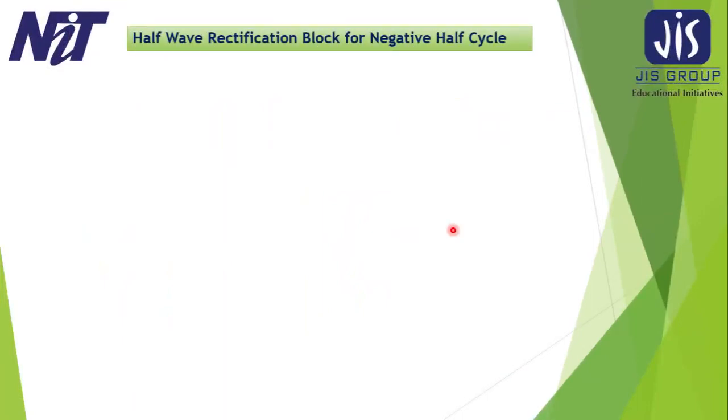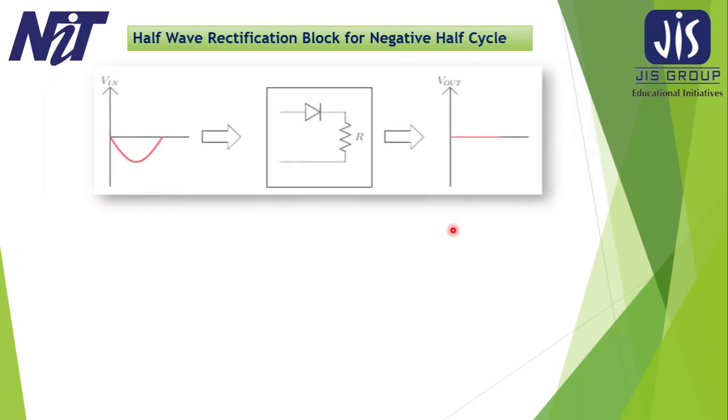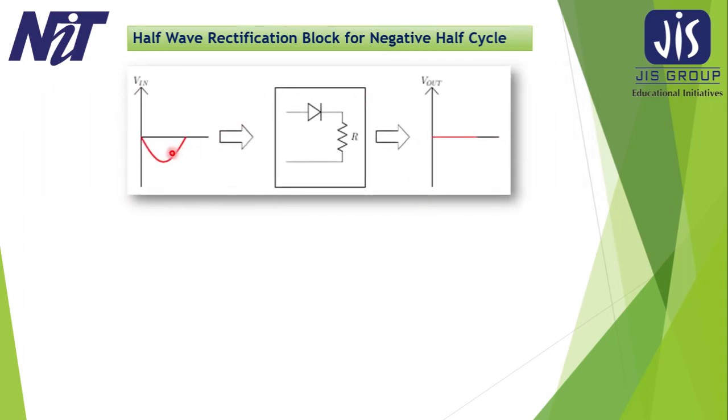So this is the half wave rectification block for the negative half cycle. Your rectifier block is the same, but the input signal is in the negative half. In that half the diode will remain off, so no output will be available at the load.